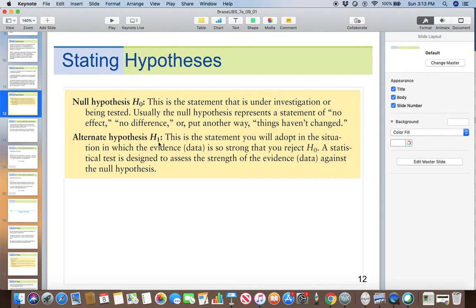Whereas the alternate hypothesis H1 is the statement that you will adopt in a situation in which the evidence or data is so strong that you reject H0. A statistical study is designed to assess the strength of the evidence, that is data, against the null hypothesis.